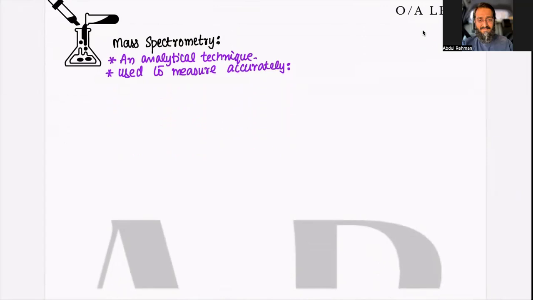So the first thing that it is going to measure accurately is the mass of each isotope present in an element and its abundance.